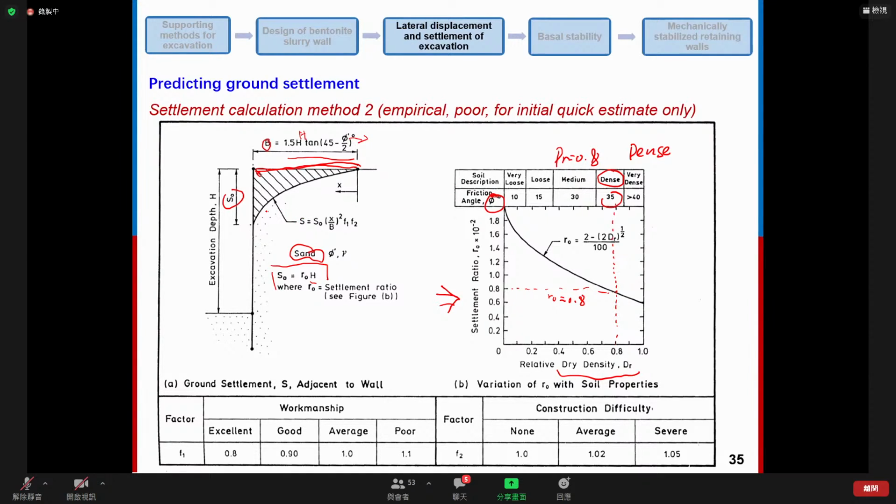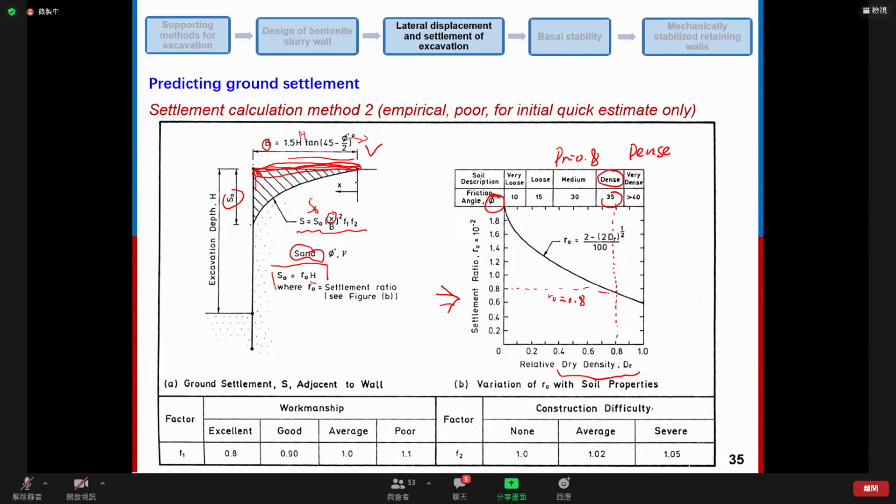And after we get the settlement at the edge of the excavation and the distance of the settlement, we assume the ground settlement curve is calculated by this equation. For this equation, S0 we already know, and b we just calculated.